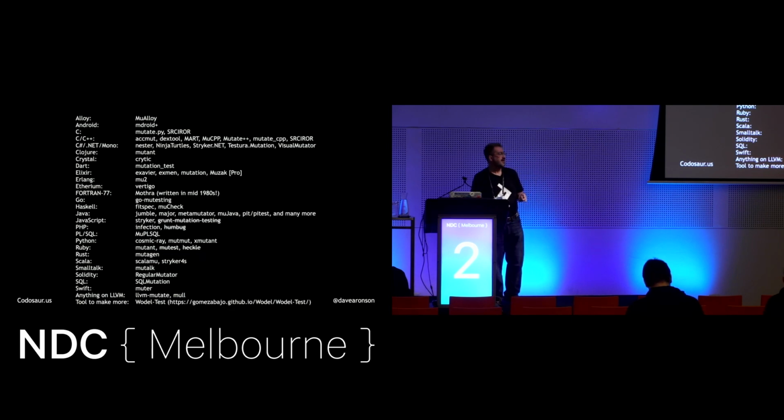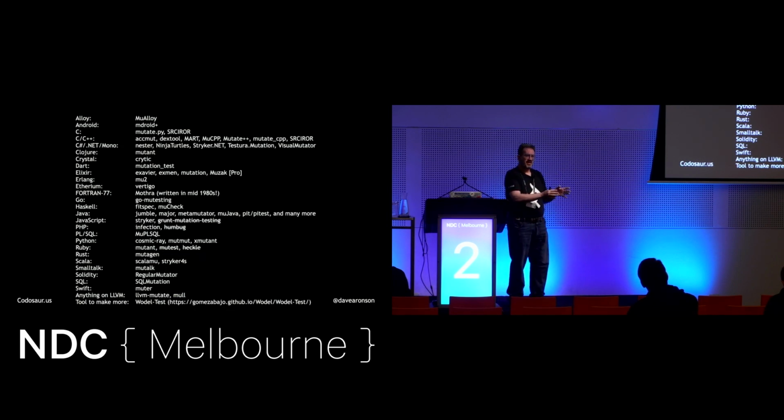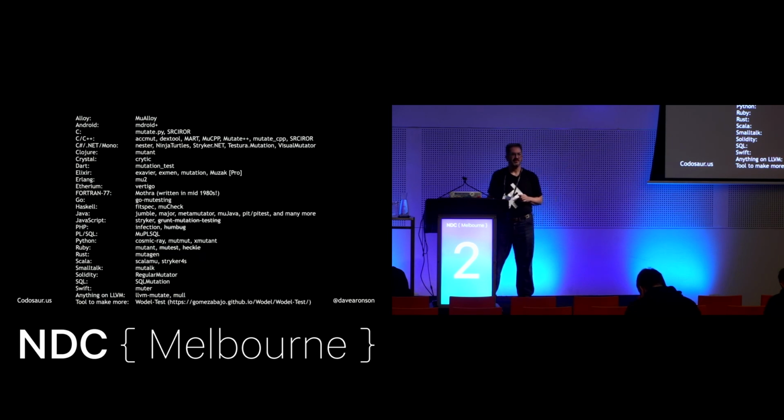There's also a promising tool called Rodel Test, which is a language-independent mutation testing engine that you can use to make language-specific mutation testing tools. I haven't actually used it myself, so I can't speak to whether it lives up to the hype, but I like the concept. So is everybody done taking pictures?